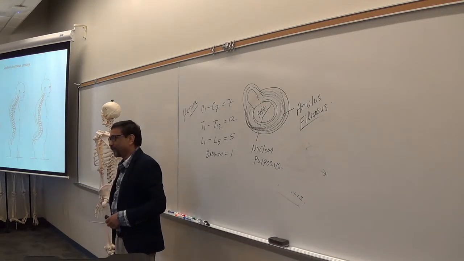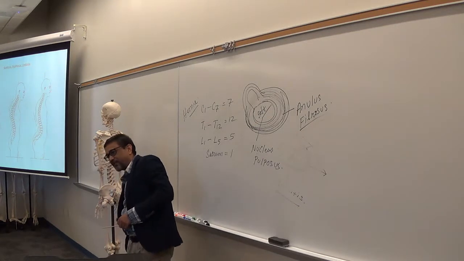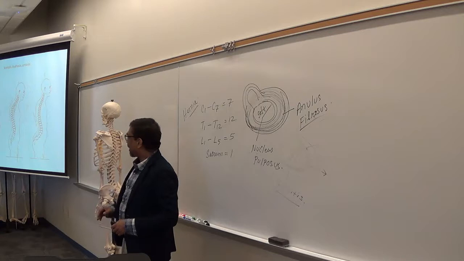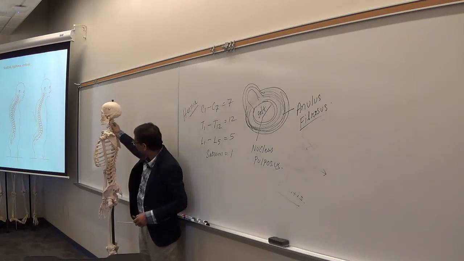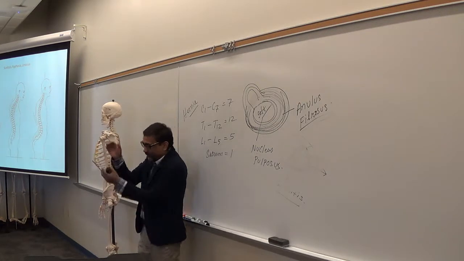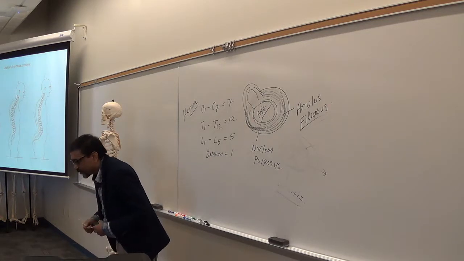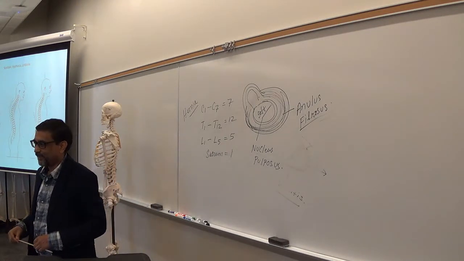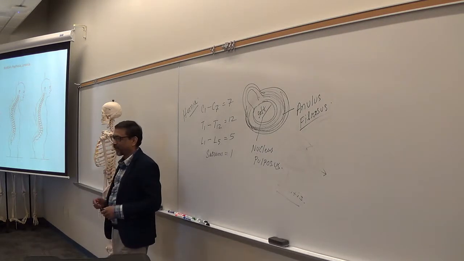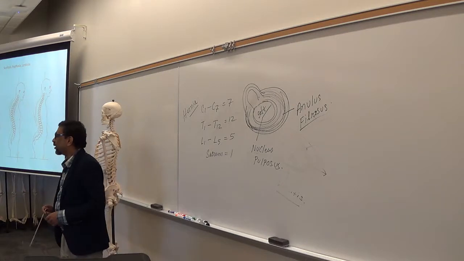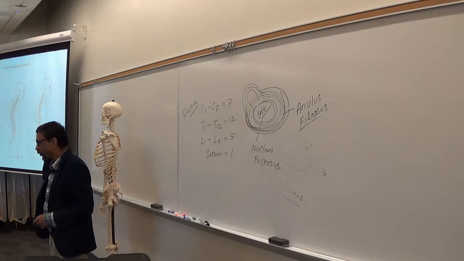So the person will be like this. If the upper portion of the vertebral column, the thoracic part, is curved like this, that is called kyphosis. You may remember the movie Hunchback of Notre Dame. So this is called hunchback, kyphosis, okay?